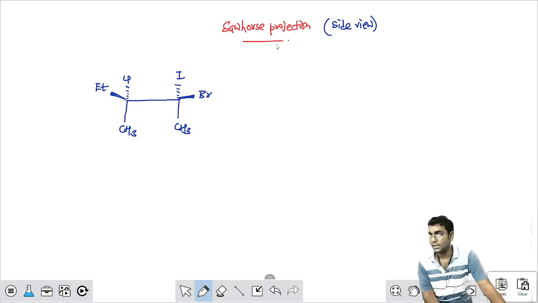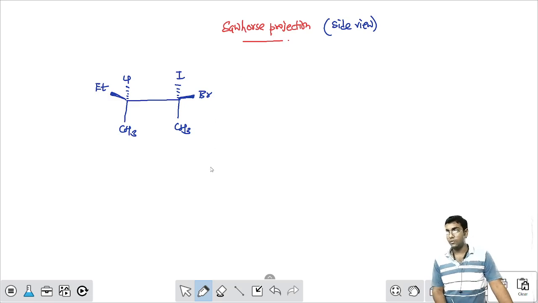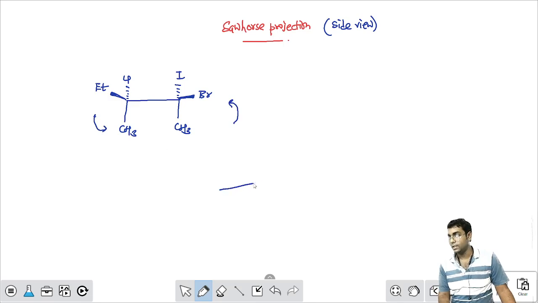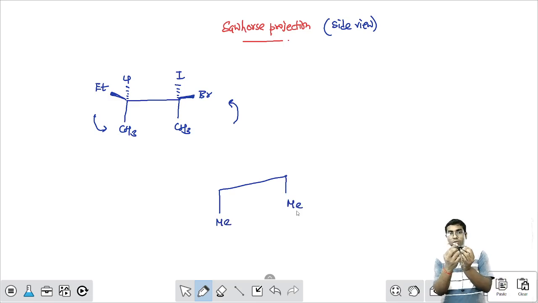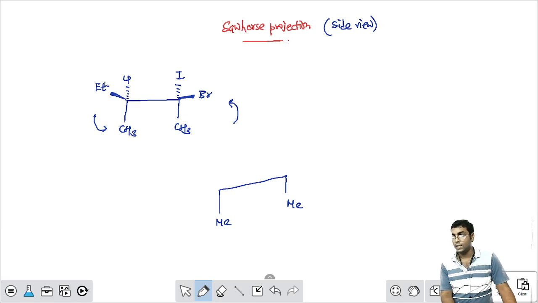Now we can see what it will look like in the sawhorse projection. You have to rotate the molecule in this way. Then you will see this molecule like a tilted one. So the methyl will look like this. We have just rotated it into a tilted manner. That is why it is a side view. So the ethyl was above the plane, so it will be above the plane.